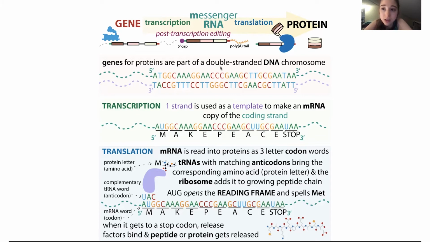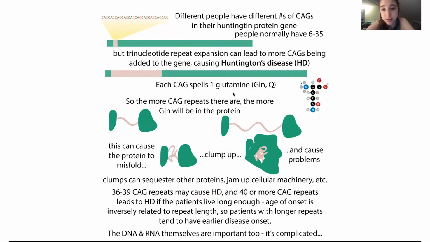And if you have a long strand of CAG, CAG, even in the normal Huntington protein there are these long CAG tracts. People normally have 6 to 35 of these, but in Huntington's disease, people can have 40 or more.